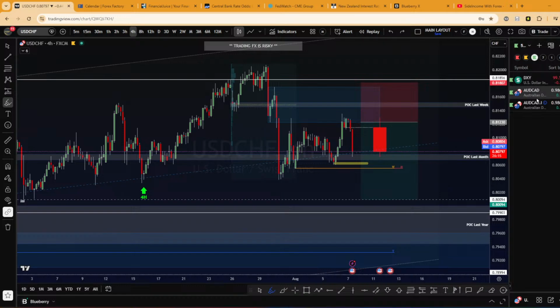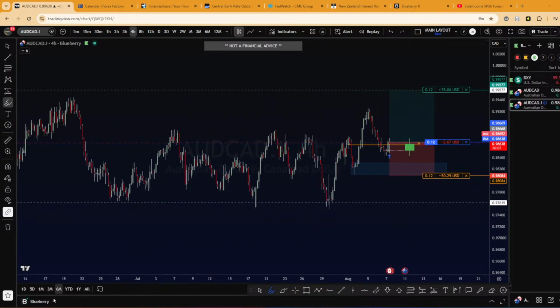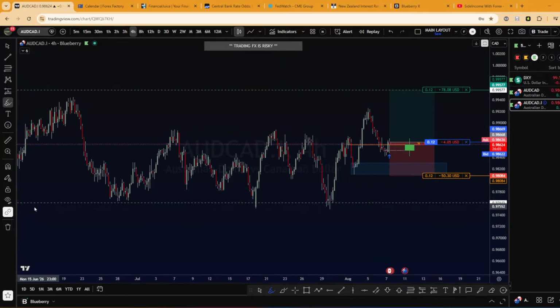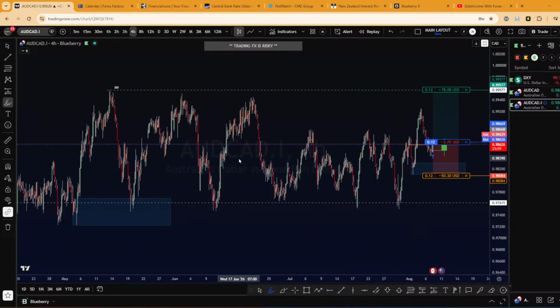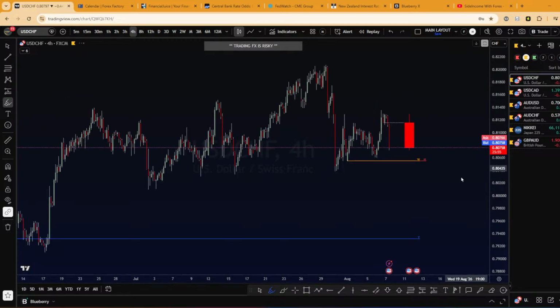I just want to mention that I have a current trade on AUDCAD. AUDCAD is the only trade I took this week for the moment, in swing position. I will explain it after, but let's focus right now on USDCHF.